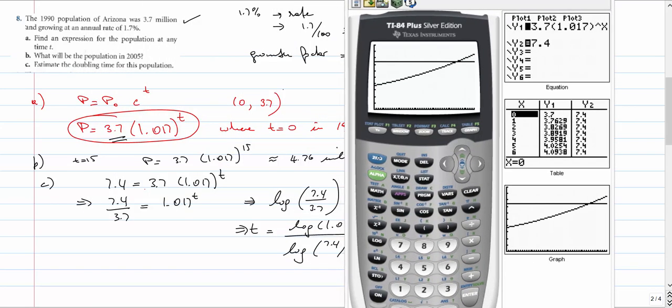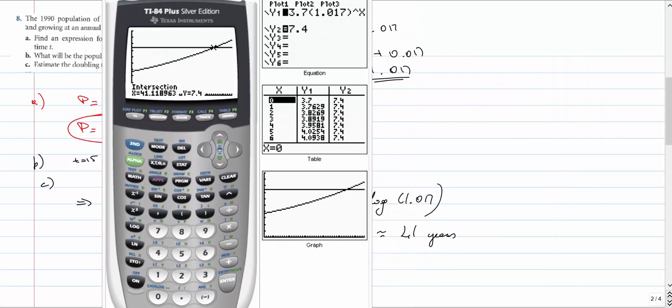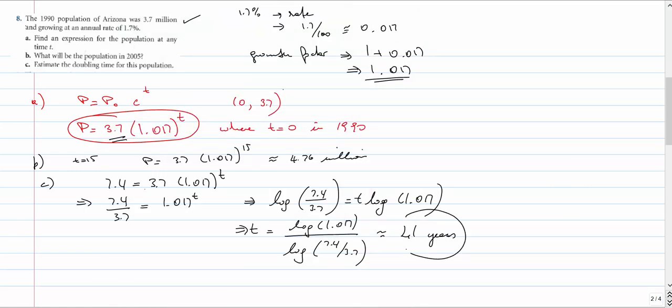Now I'm going to find second calc, the intersection point. First curve, second curve, and then guess. It's approximately 41.1 years, so we end up finding the same answer here.